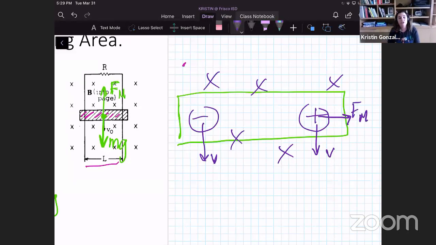We could do either the left-hand rule or the right-hand rule and swap it. Those negative charges are going to experience a force to the left. And so we're going to get this separation of charge within that bar. All of those positive charges are going to be forced towards the right side, and all of those negative charges are going to be forced to the left. And what happens when we get a separation of charge within a material, a conductor?